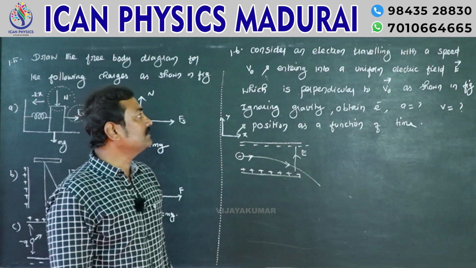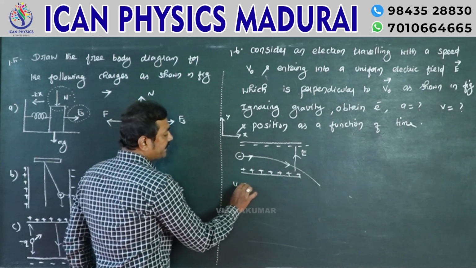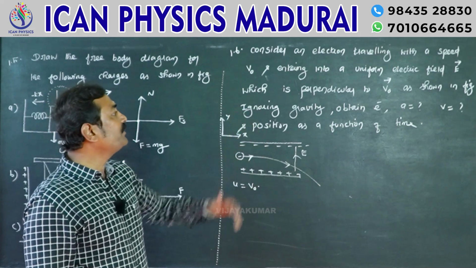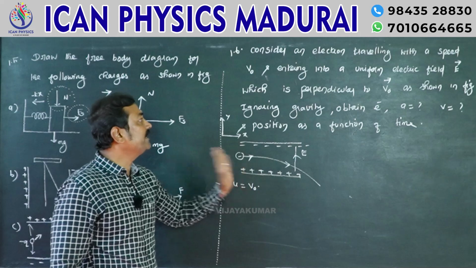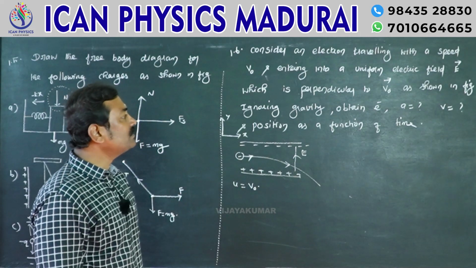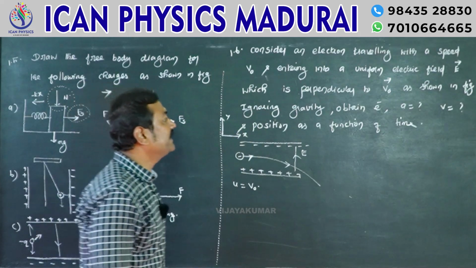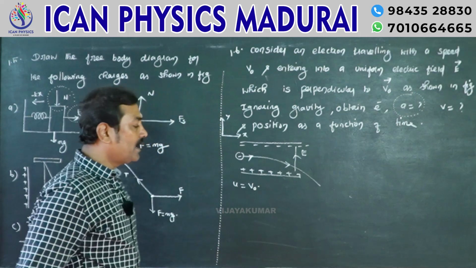Now the next question. Consider an electron traveling with a speed of v0, the initial velocity, entering a uniform electric field E vector, which is perpendicular to v0 as shown in figure. Ignoring gravity, obtain the electron's acceleration. First we calculate the acceleration.